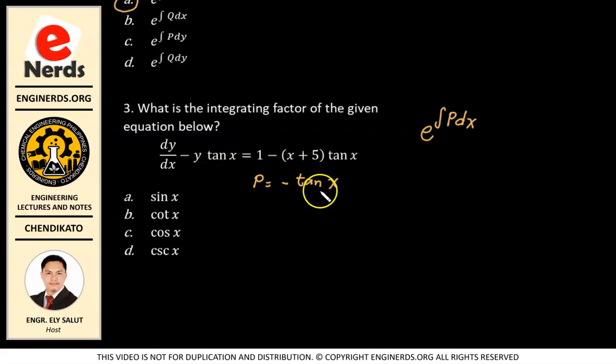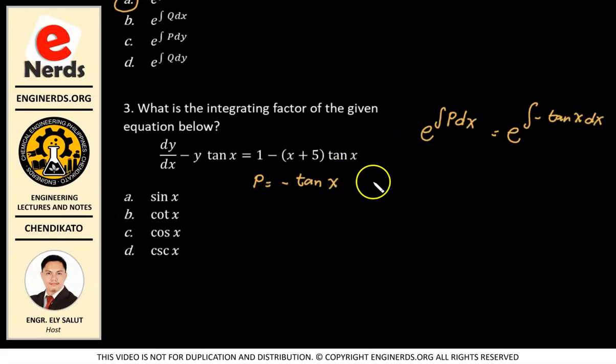So we have negative tangent x. All we have to do is transfer that to our integrating factor, so this will be equal to e raised to the integral of negative tangent x dx.